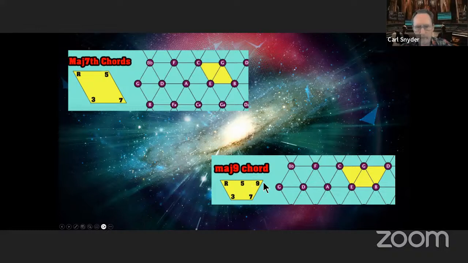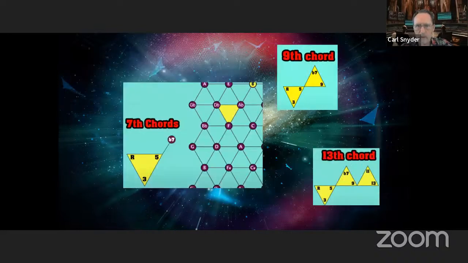It even makes sense. Now, in terms of sequence, it gets a little fancier here with our 7 chord: root, 3, 5 triangle, and travel up in the same direction, and you get your flat 7.